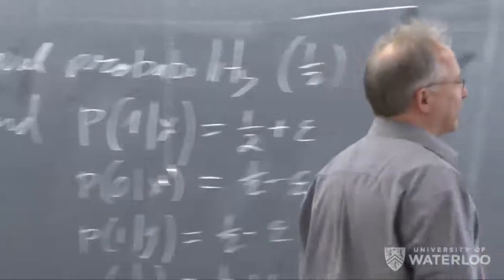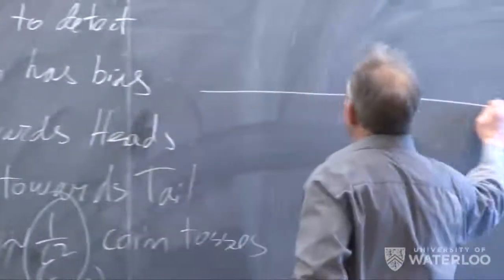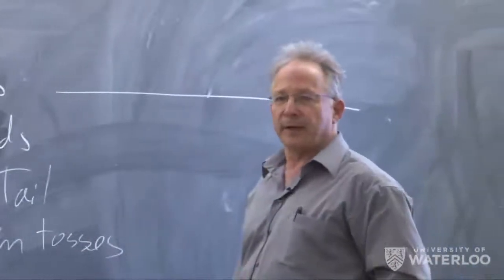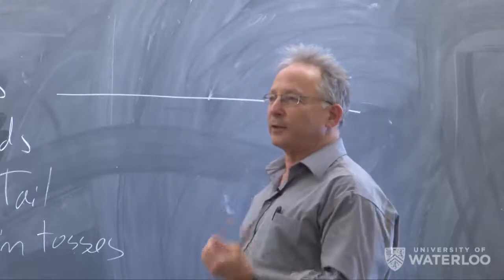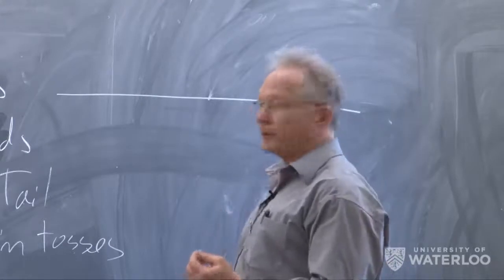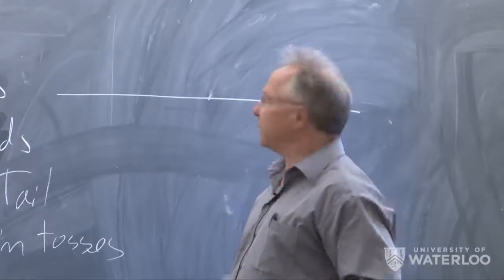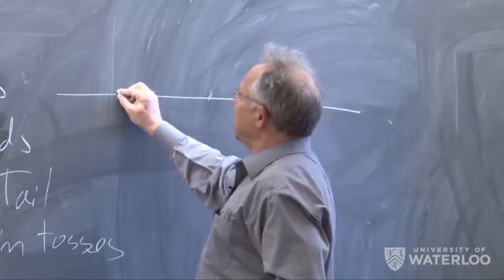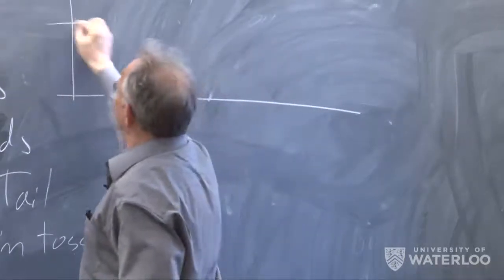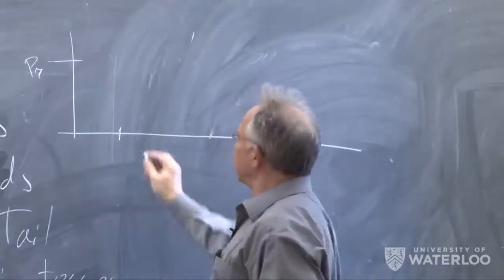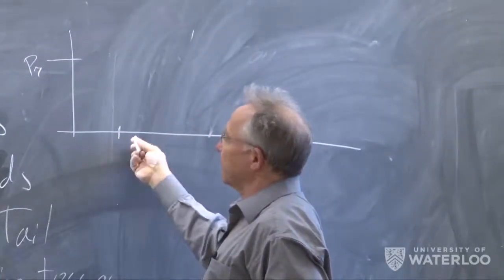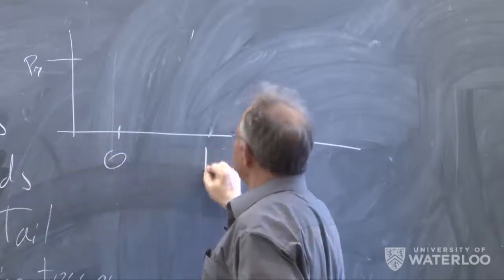And it goes back to basic probability theory. Because if I draw the distribution, if I toss a coin once, and I look at the distribution, here I'll have the probability, and here I'll have the values that I see. So this is the value 0, and this is the value 1.